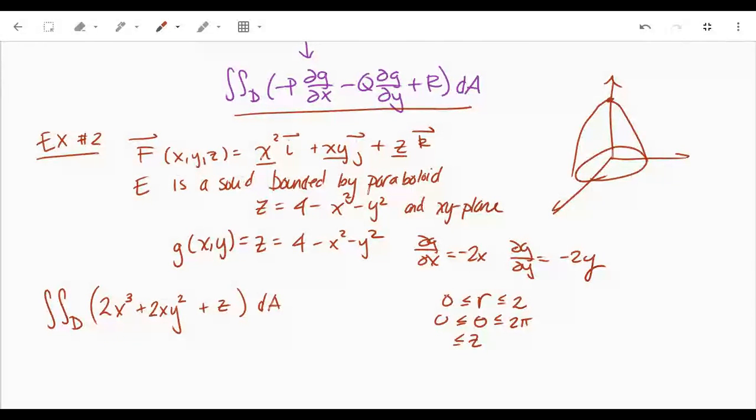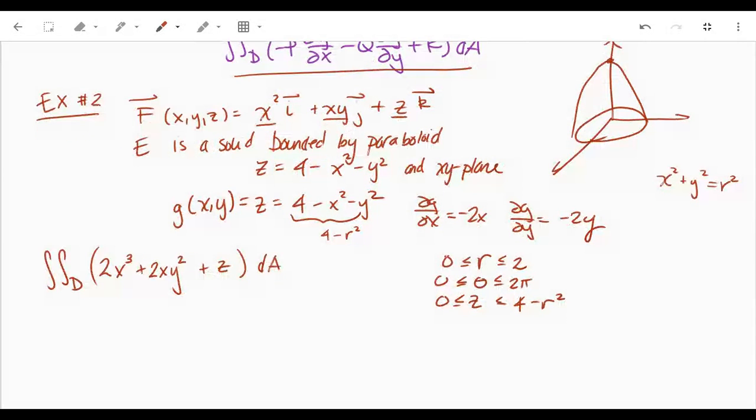Z anywhere from 0 to 4 minus x squared minus y squared. That's just 4 minus r squared, right? Remember x squared plus y squared equals r squared when we're talking polar. Okay, so 4 minus r squared.